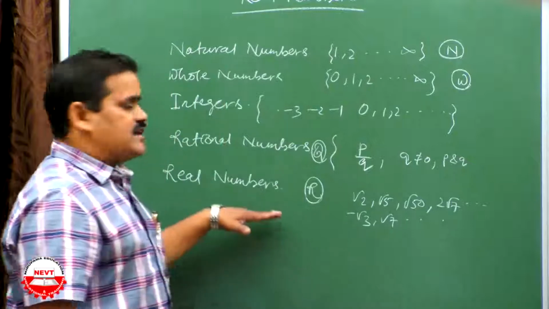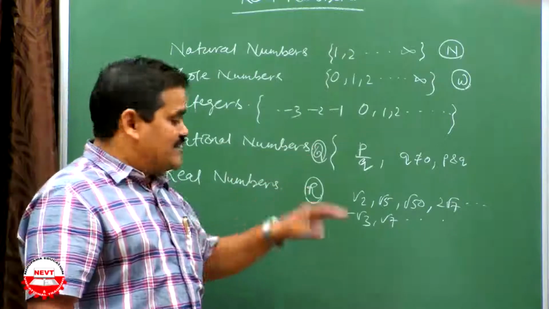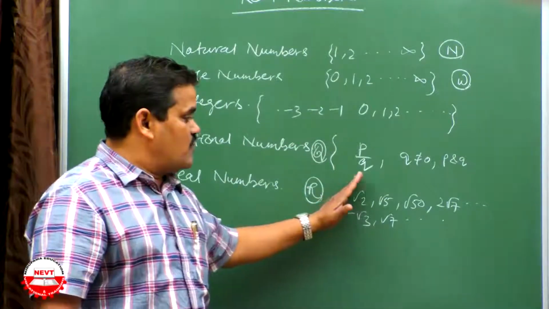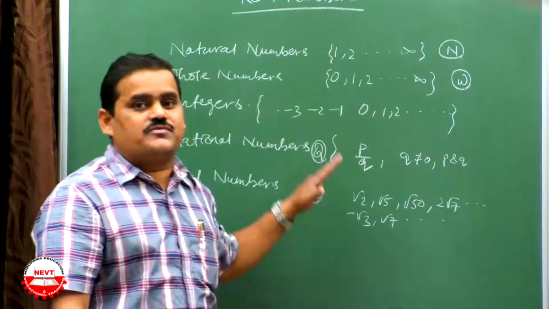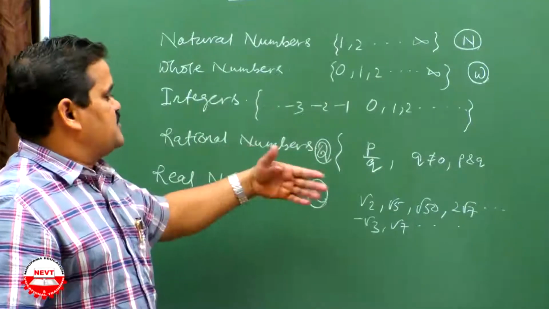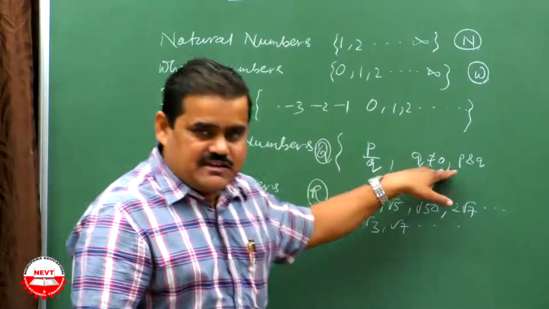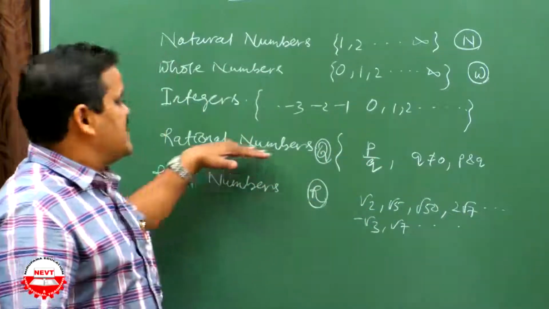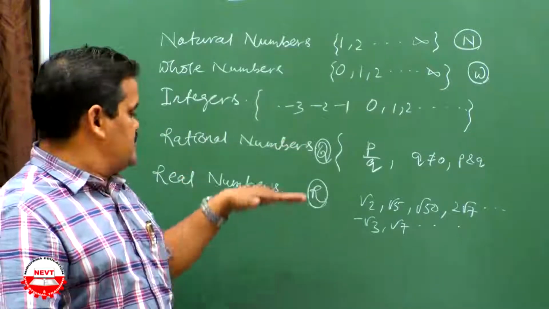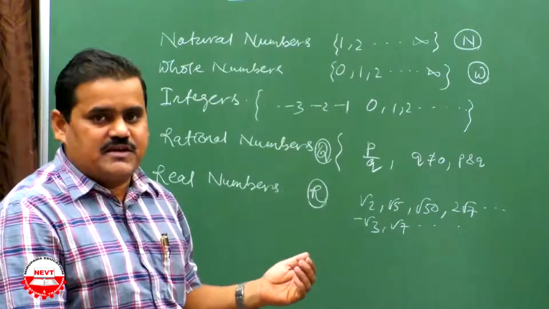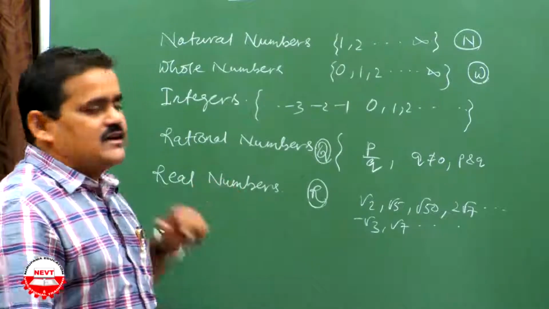All these numbers are real numbers. Actually, these are not expressed in the form of p by q. The numbers which are expressed in the form of p by q are rational numbers, and those numbers which cannot be expressed in the form of p by q are irrational numbers.